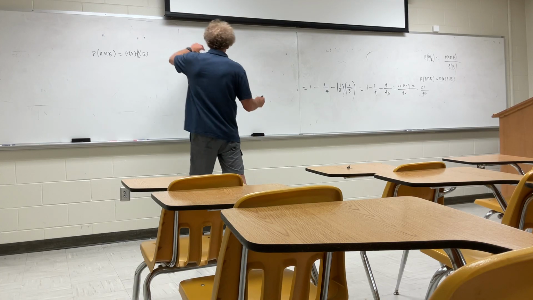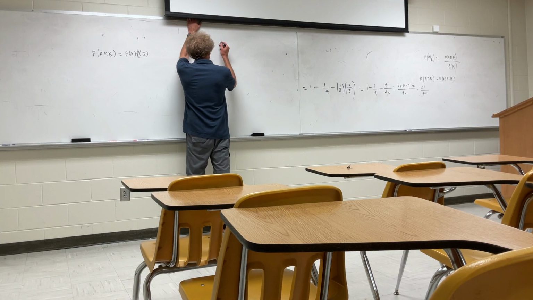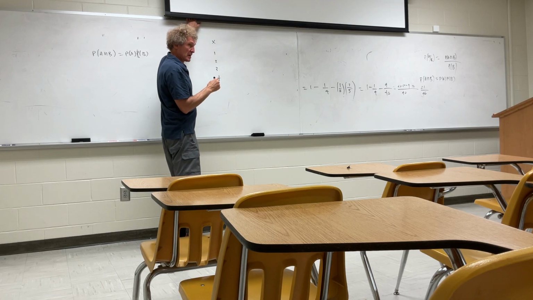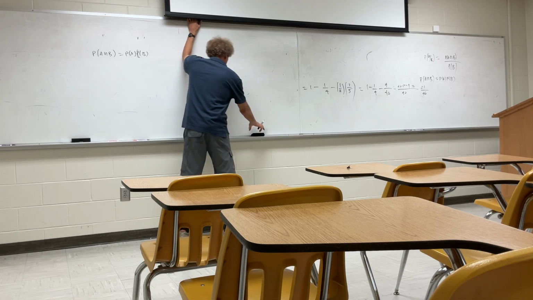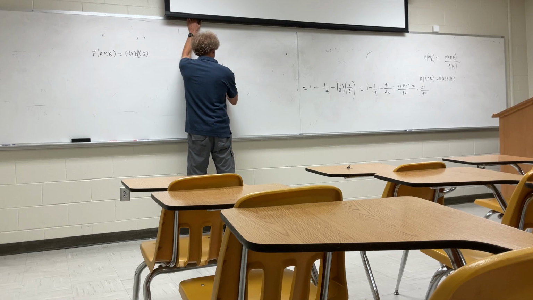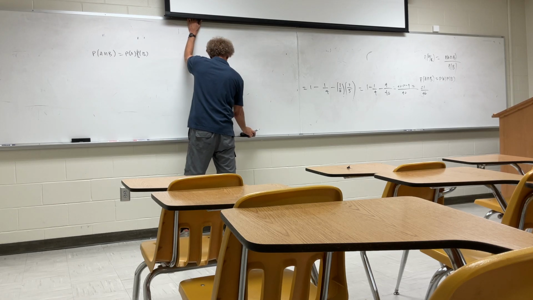So if you look at this, we've got 2 dice, and we have X as the first outcome. X could be 1, 2, 3, 4. Agree with that? Matter of fact, let me show you the way he does it, a different way to think about it.